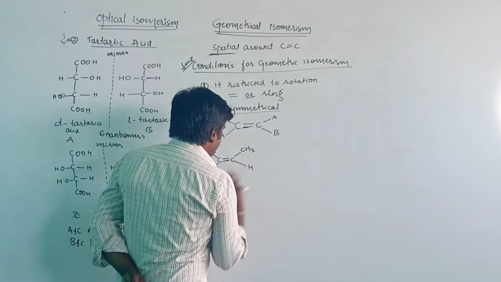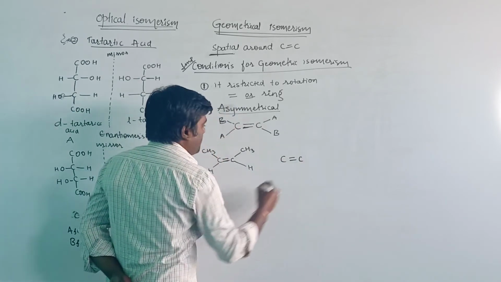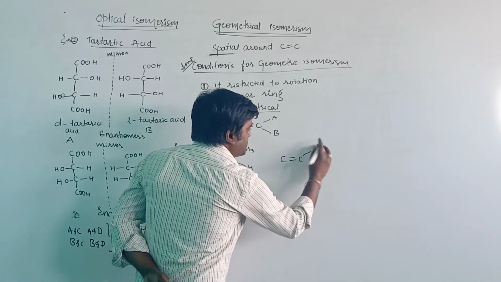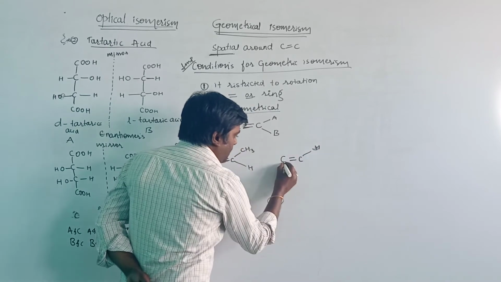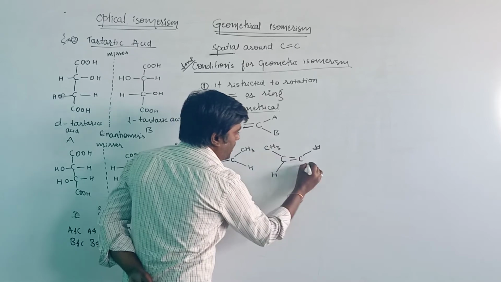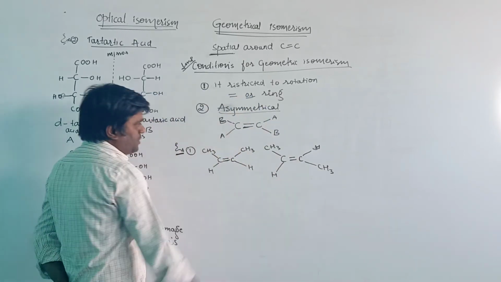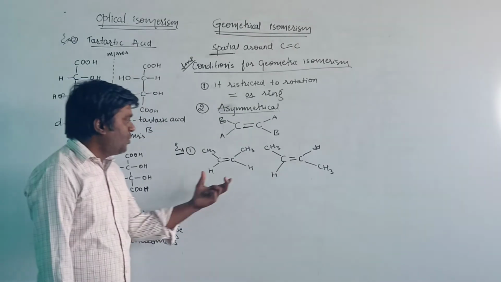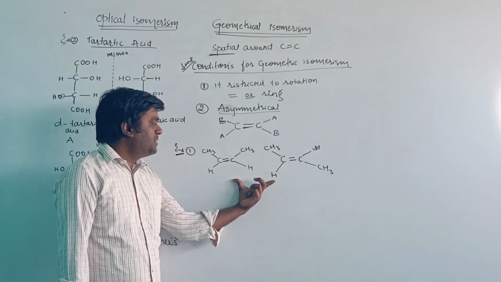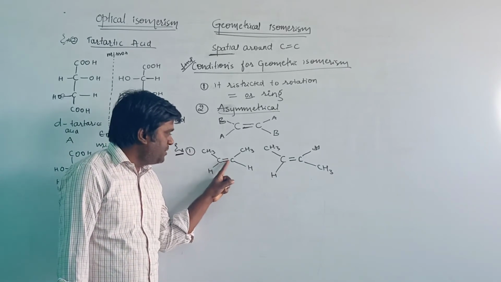We can write it in another way. It is a carbon-carbon double bond, with CH3 and H on one carbon, and H and CH3 on the other. When we observe these two compounds, the molecular formula is the same but they differ in the spatial arrangement of atoms around the carbon-carbon double bond.